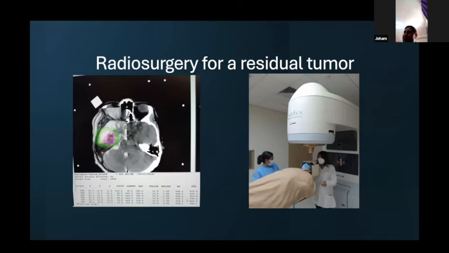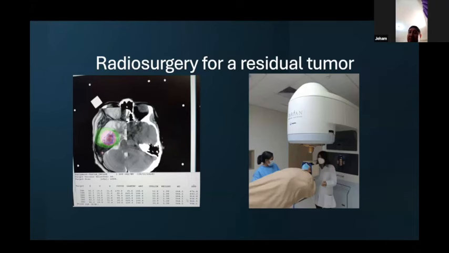So there was a residual tumor that we treated with radiosurgery with a Varian machine. And this patient also could get the benefit of the social insurance, and he didn't need to pay for this.